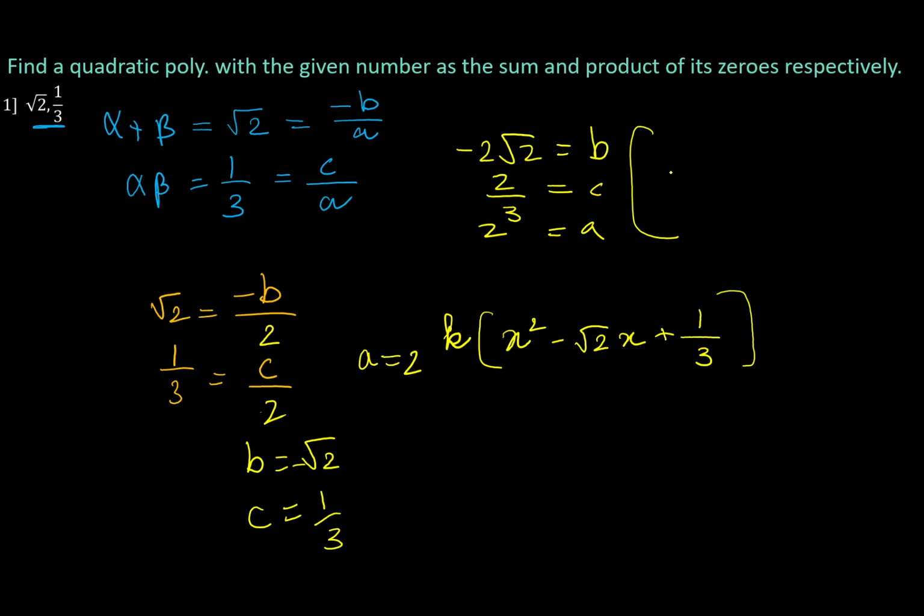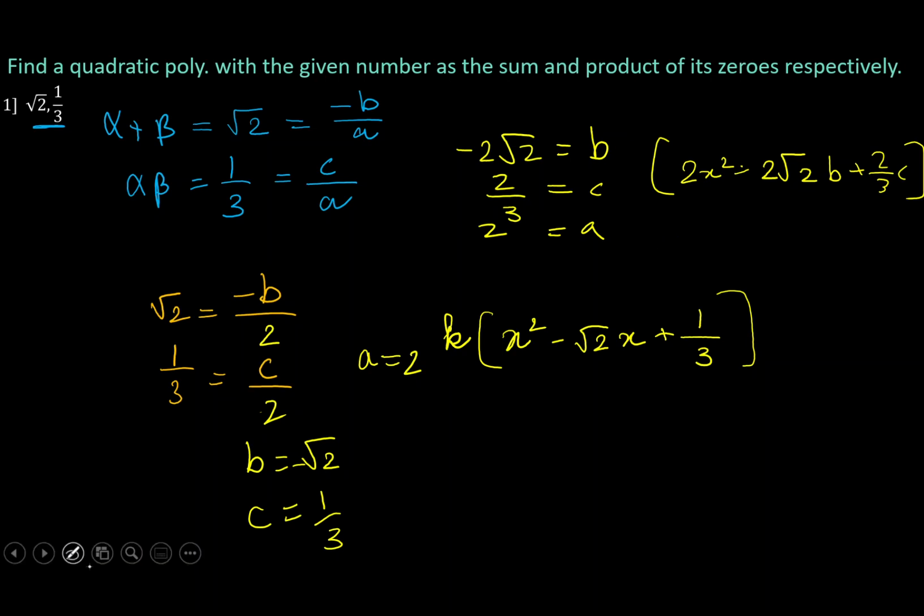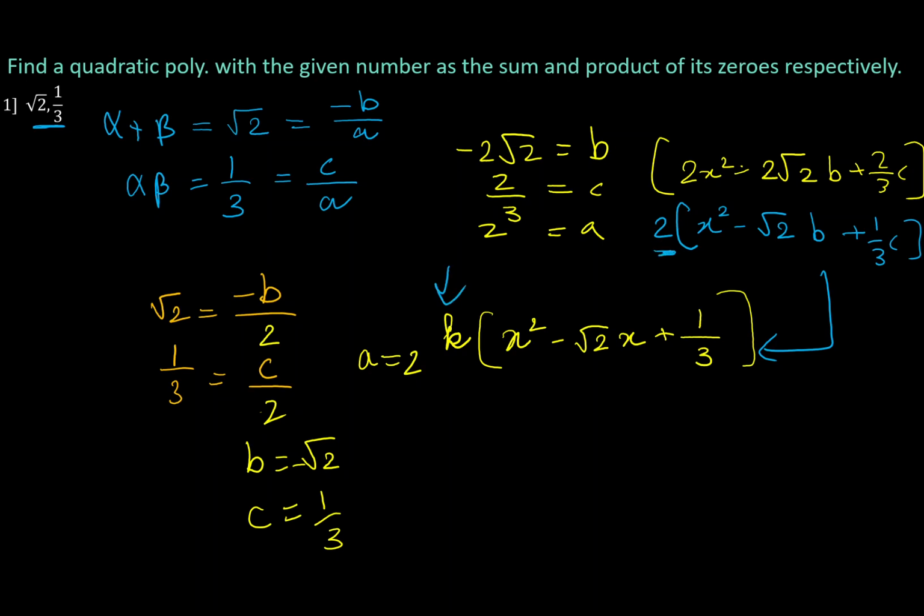Now the equation formed will be 2x square minus 2 under root 2 x plus 2 by 3. And now if you notice, we can take 2 common out of it. After we take 2 common out, we'll be left with x square minus under root 2 x plus 1 by 3, which is basically the same thing. So that's why this 2 is written as a k, because a can be any number.